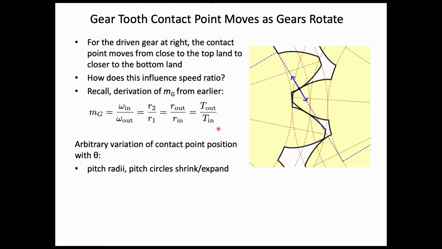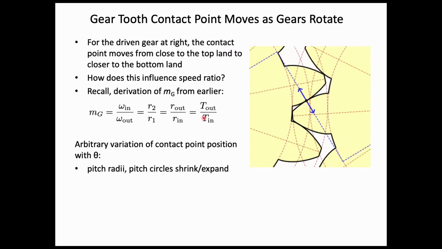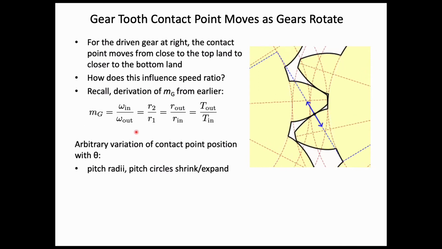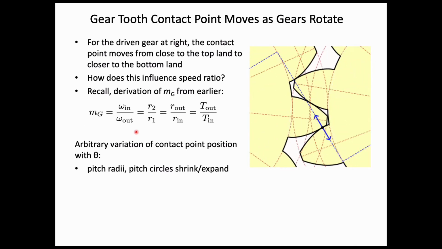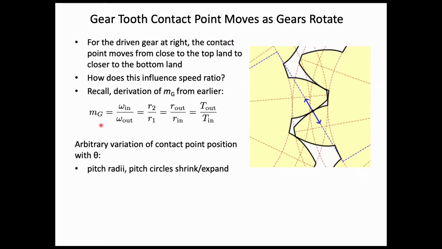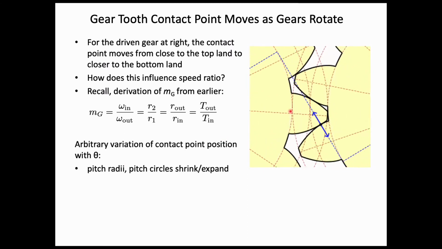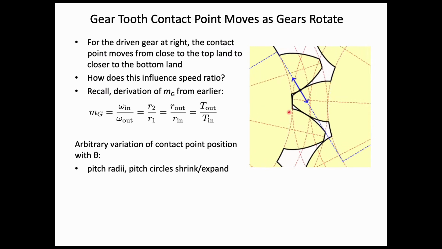These are defined by the pitch radii, and these pitch radii relate to the speed ratio. If we have an arbitrary variation of the contact point in a way that it changes the speed ratio, it's going to effectively be shrinking and expanding the pitch circles.